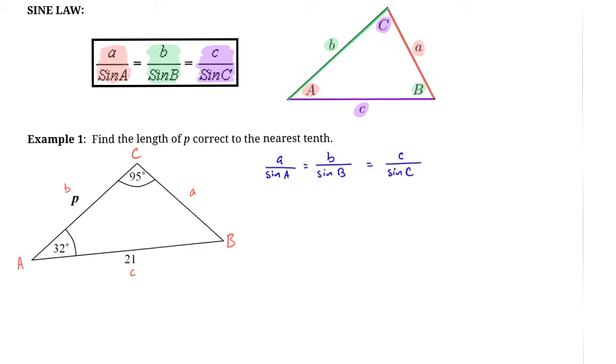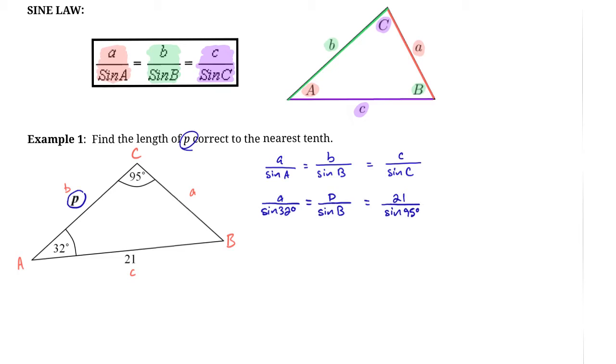Side length A we do not know, but we do know angle A, and that is 32 degrees. We do not know side length B, but I'm going to call it P because that's how it's labeled in our question. We do not know angle B yet. Side length C is 21. Angle C is 95 degrees.